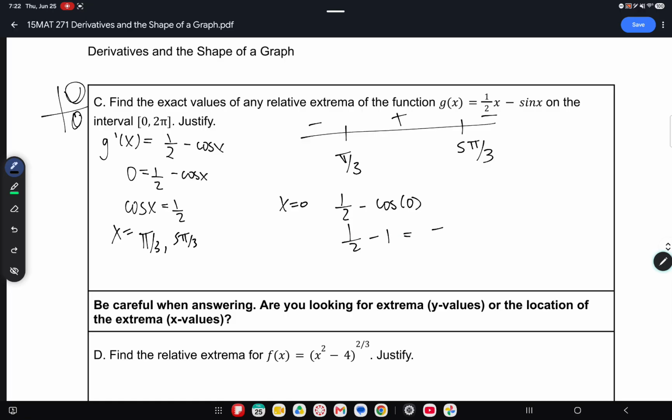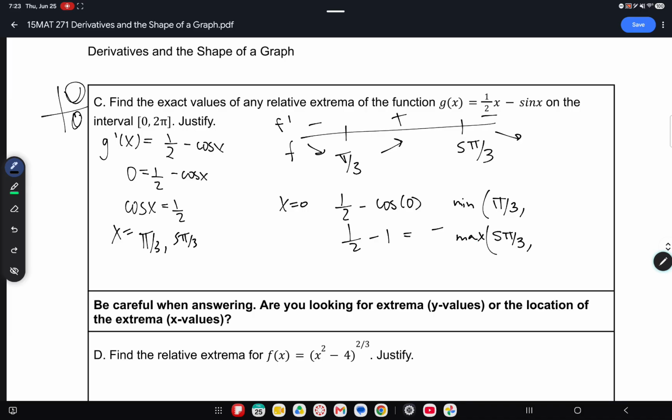Okay, and let's just find the actual values. So pi over 3, 5 pi over 3, and we will plug these in to get the actual values. So we're decreasing, increasing, decreasing. So we're changing from decreasing to increasing. So there's a minimum at pi over 3, and then there is a maximum at 5 pi over 3.